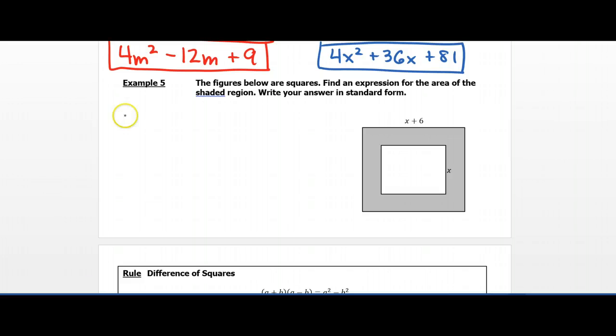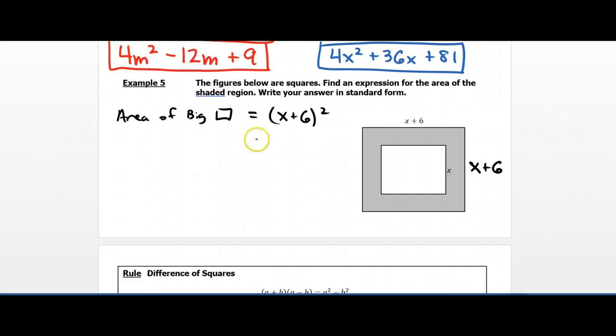So the area of my big square is just going to be x plus 6 times x plus 6, since the sides have to be the same, or x plus 6 quantity squared.